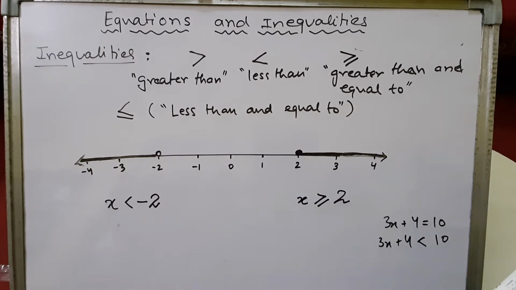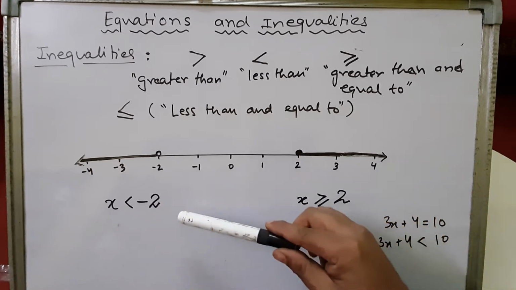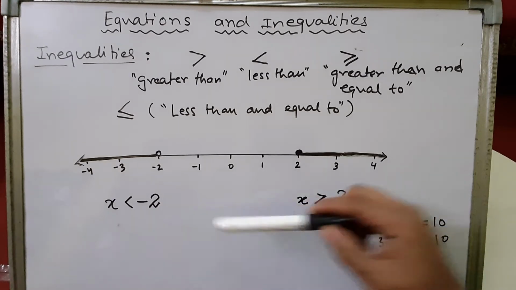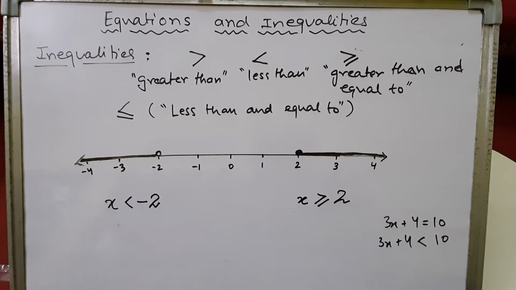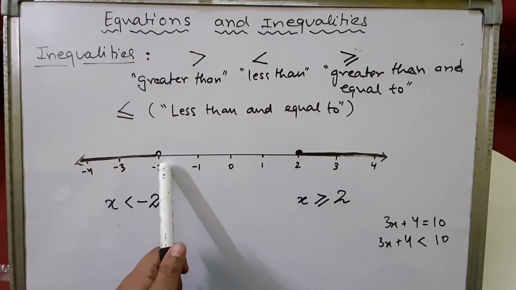For drawing on a number line, I have taken an example. Suppose you have to represent x < -2 on a real number line. You can see, children, x is not equal to -2. When x is less than -2 or greater than -2, and the equal to sign is not present, we will draw only a circle here.